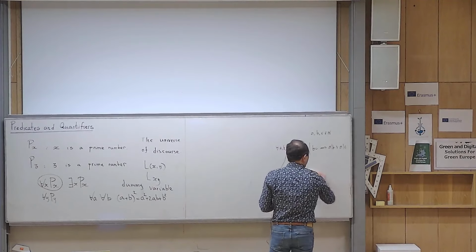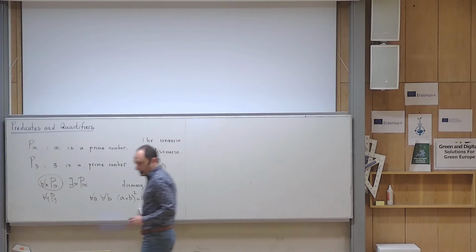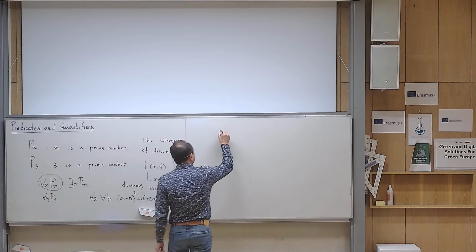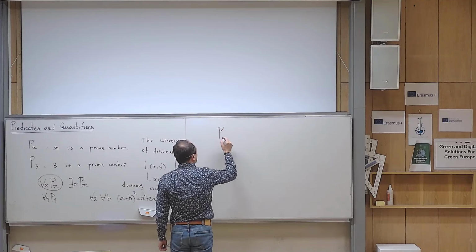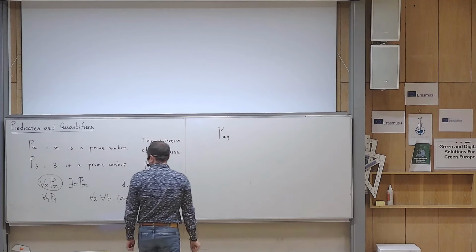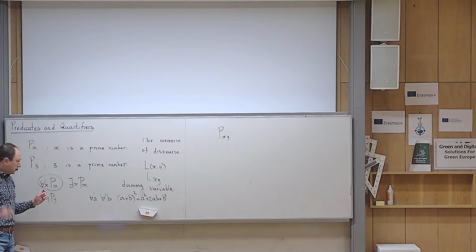So now let me ask you another question so that we can finally go to some examples. What do you think here? If I have a predicate with two variables, x and y. By the way, let me also give you a name. I will, of course, formally introduce them in my slides.